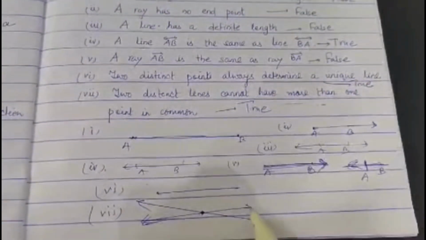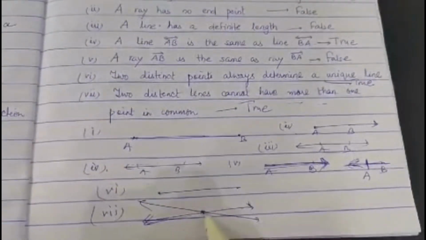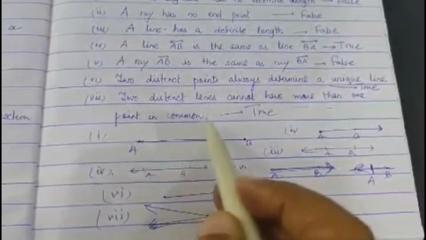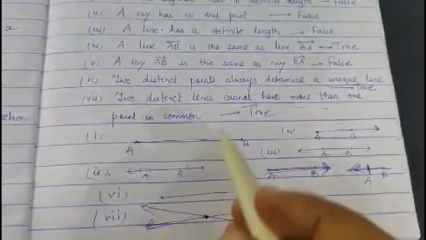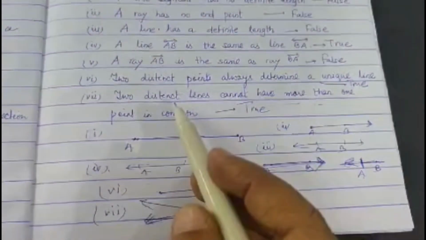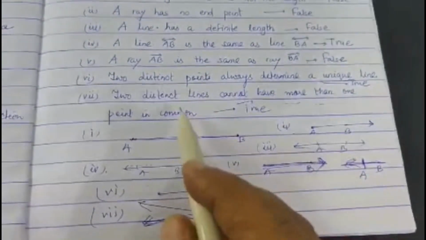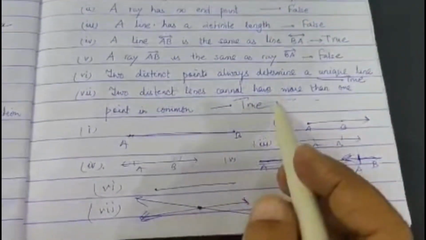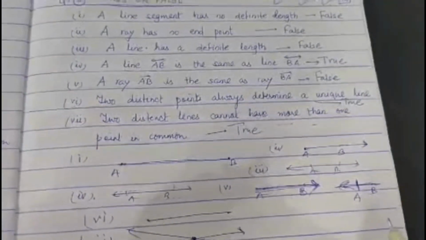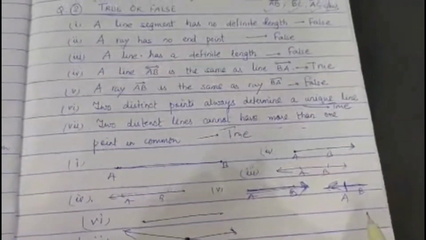Two distinct lines can have only one point in common at most. If the lines are three, then they can have more than one point in common. But if the lines are two distinct lines, they cannot have more than one point in common. This is a true statement.